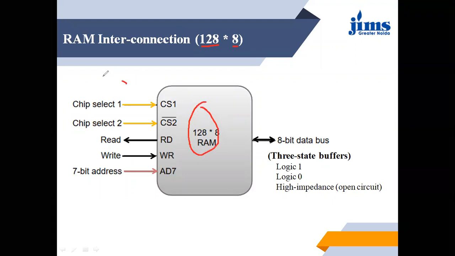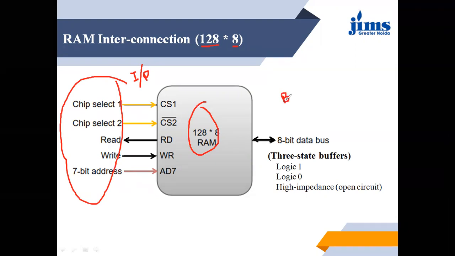These are some input signals, shown on the left. On the right side, there is a bus. We should not say signal, we should say that there is a bus connected on the right side.